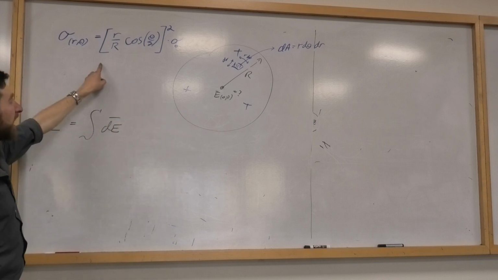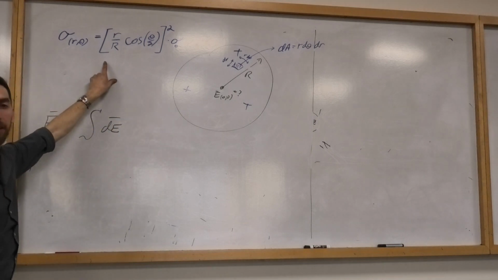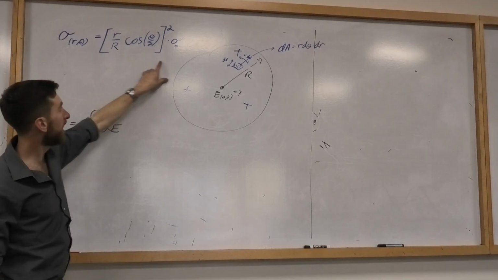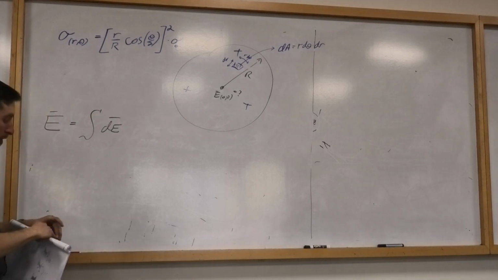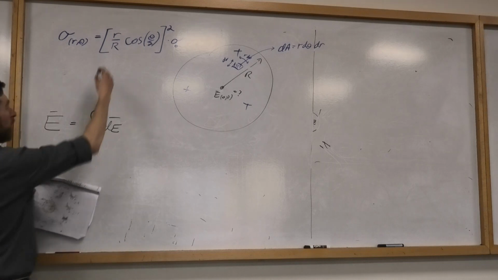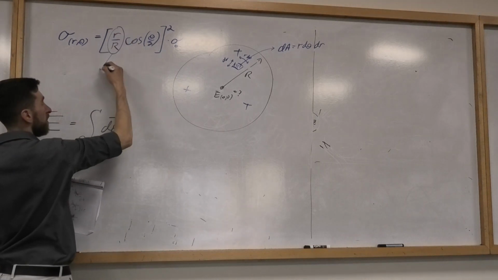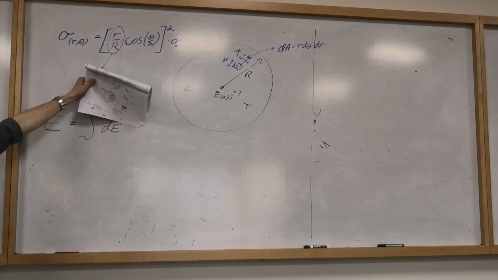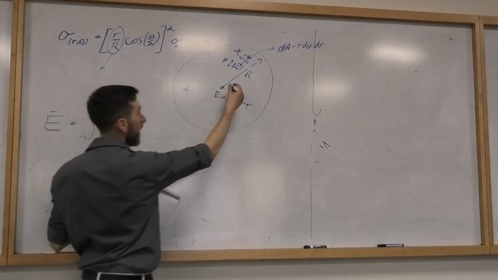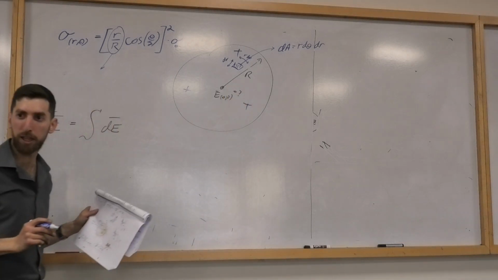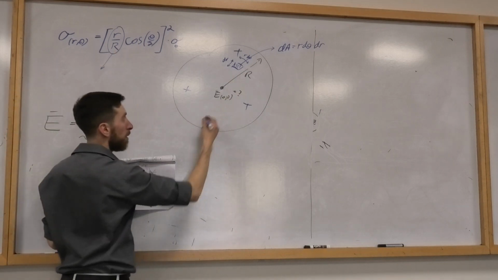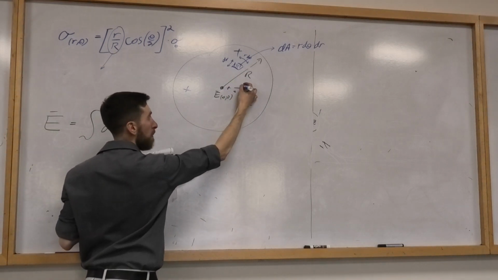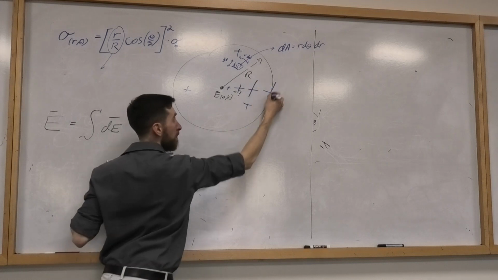But I can see something really interesting happening here. Let's understand the charge distribution here, because it's really special. First of all, what does this term tell me? It tells me that if I'm going far away, I have more charge. If r is equal to 0, I have 0. But then plus, plus, plus, plus.